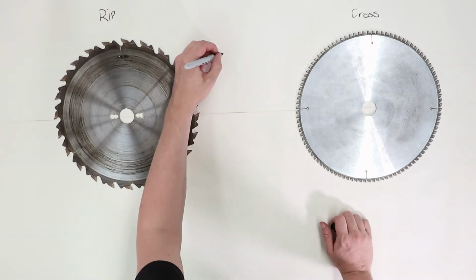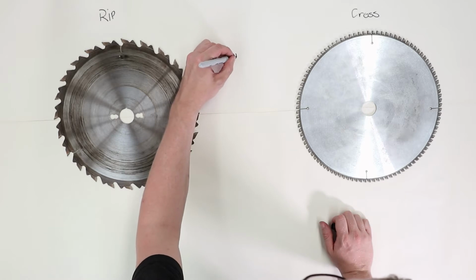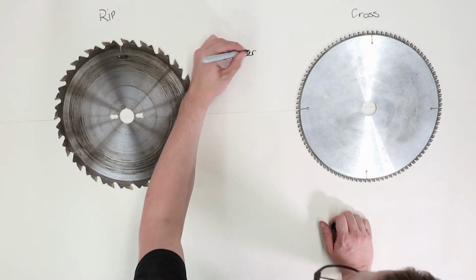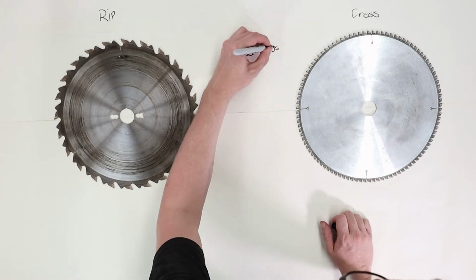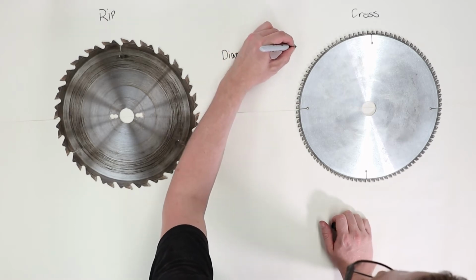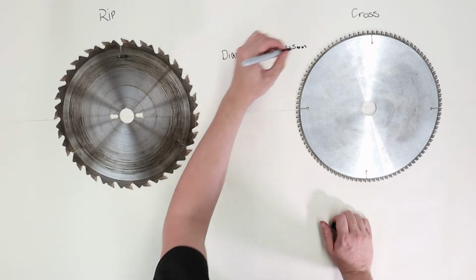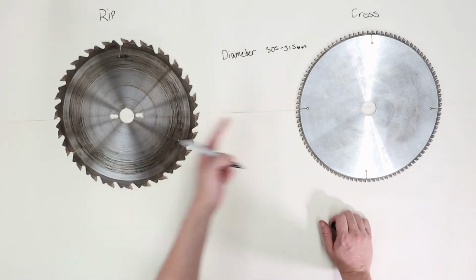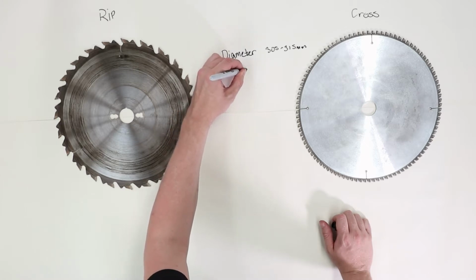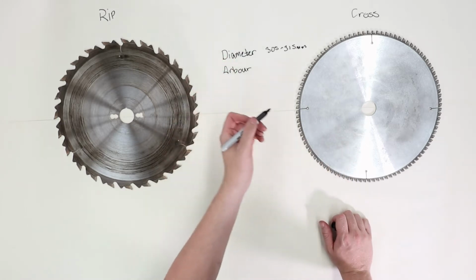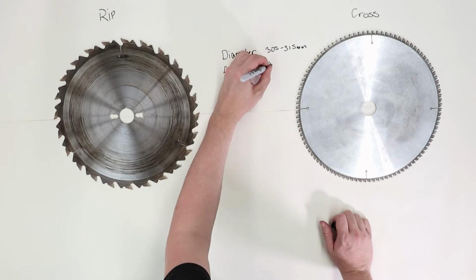We have the diameter, which for our saw is usually 305 to 315 millimeters. We have the arbor, which is the hole in the center, depending on whether you're American or not, and that's 30 millimeters for our saw.